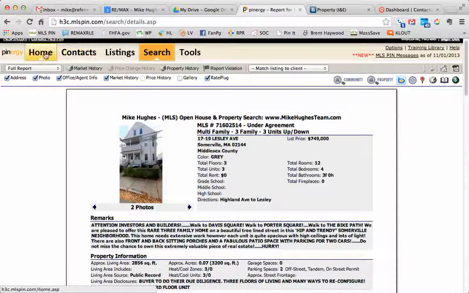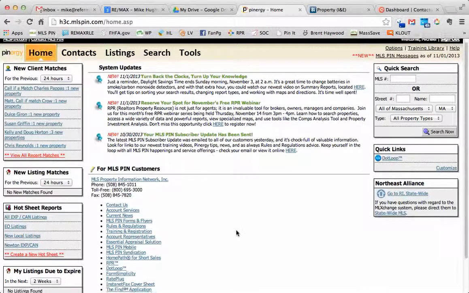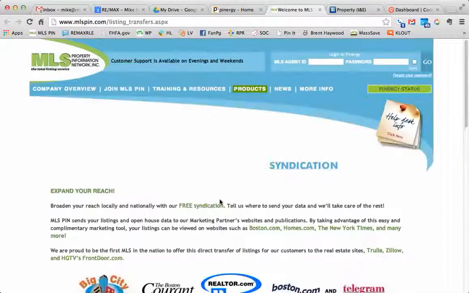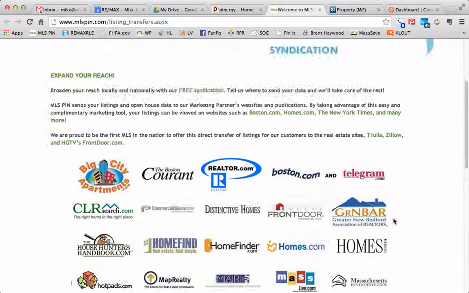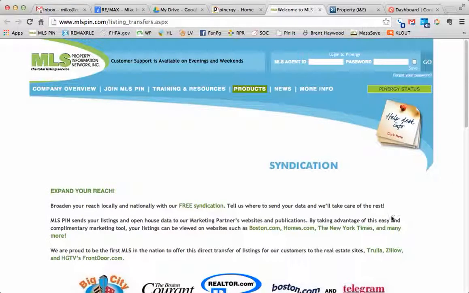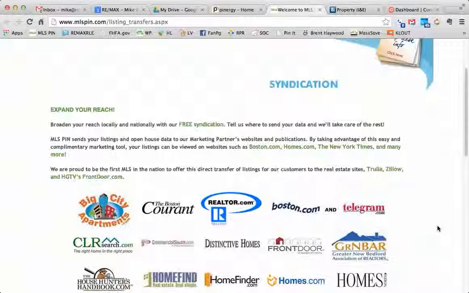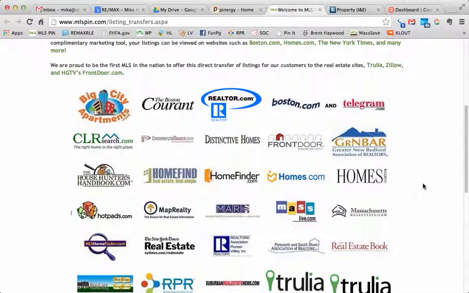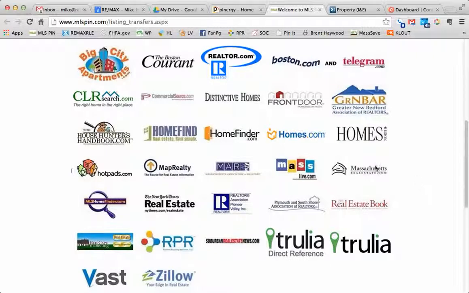Now if you go over to some of the other parts of the MLS, I'm just going to go to MLS PIN syndication. So we put the listing into the MLS within 24 hours of listing it, and then it goes to a number of different websites. Most of these people are familiar with: Boston.com, Trulia, Zillow.